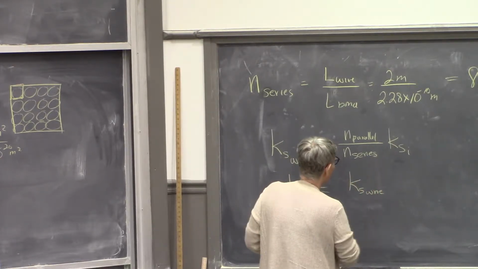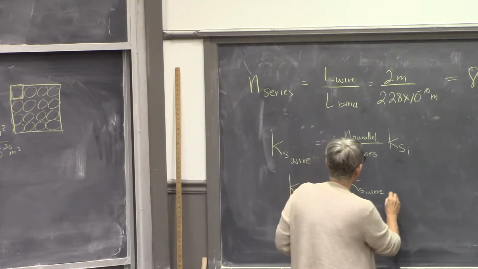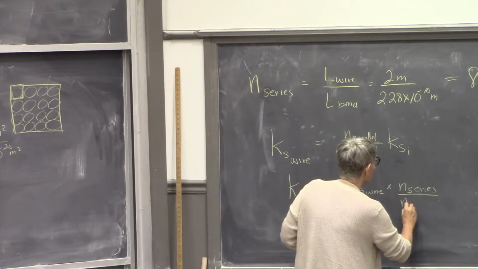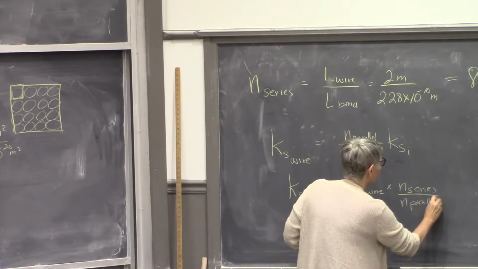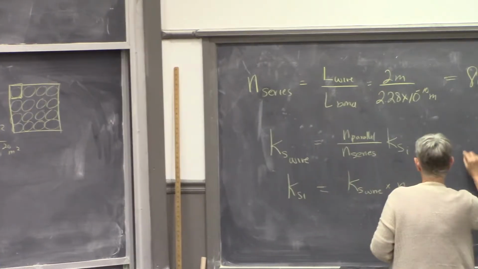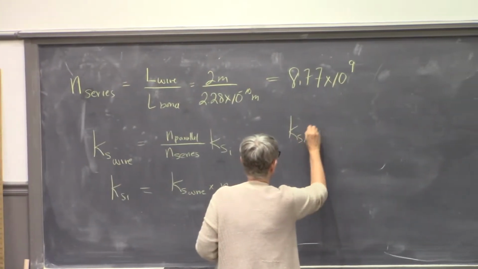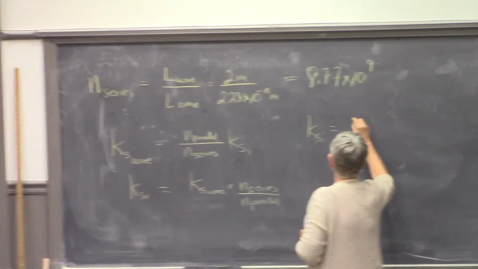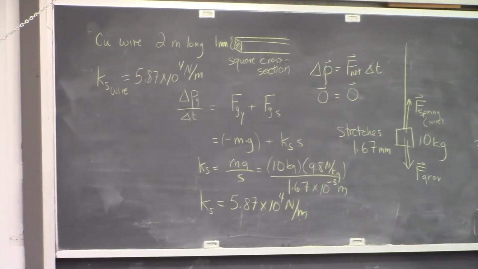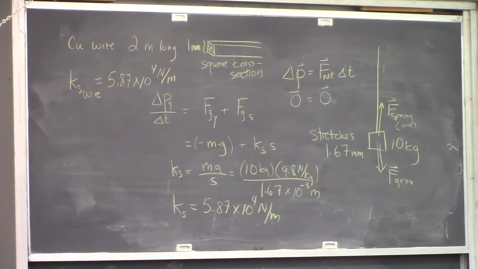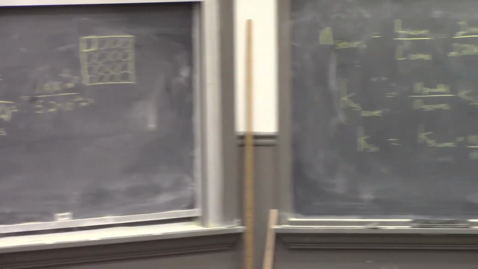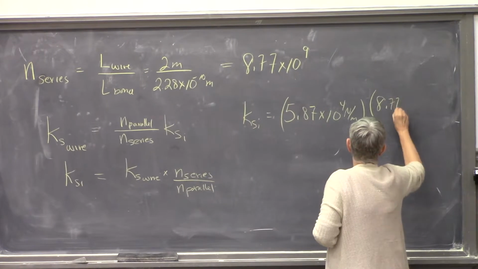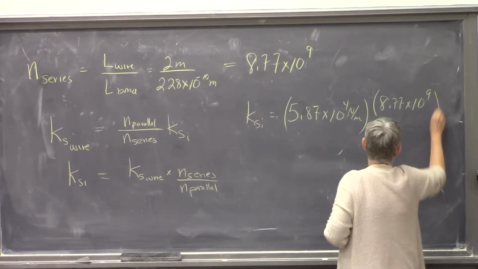And so solving for K sub S interatomic, we have K sub S of the wire times in series over in parallel, and that's equal to the K sub S of the wire, which was 5.87 times 10 to the 4 newtons per meter. We had 8.77 times 10 to the 9th springs in series.